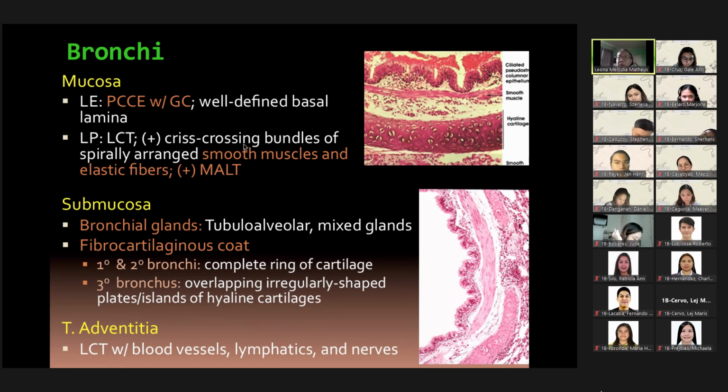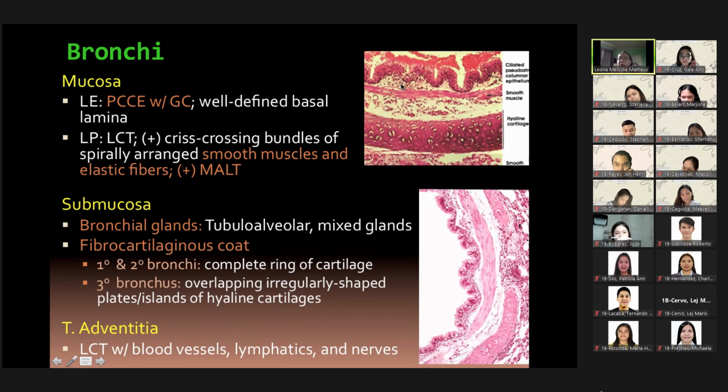Now, as to the lamina propria, as you can see, you have the bundles of smooth muscle here. We said we also find smooth muscle in the lamina propria, easily seen in the picture. And here, you see the lymphoid cells.